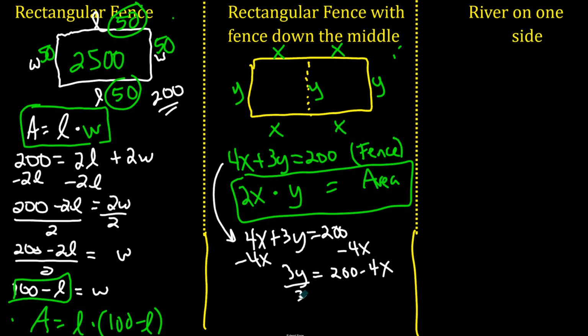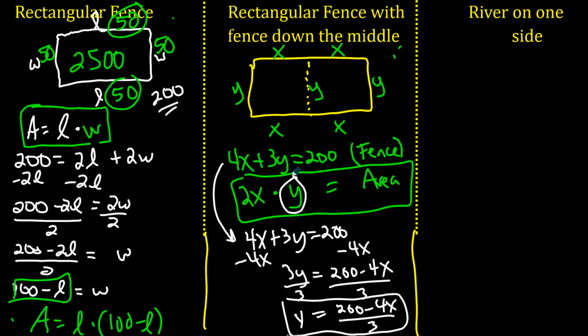And I'm going to divide both sides by 3. And I get y equals (200 minus 4x) divided by 3. And so what I'm going to do is plug this in for y into the area formula. And so I can head over to Desmos and do that right now.